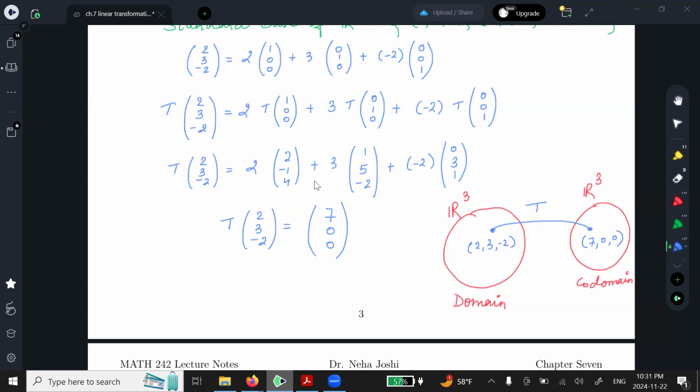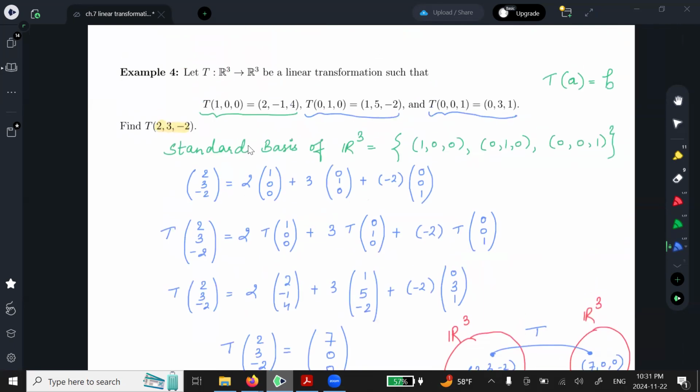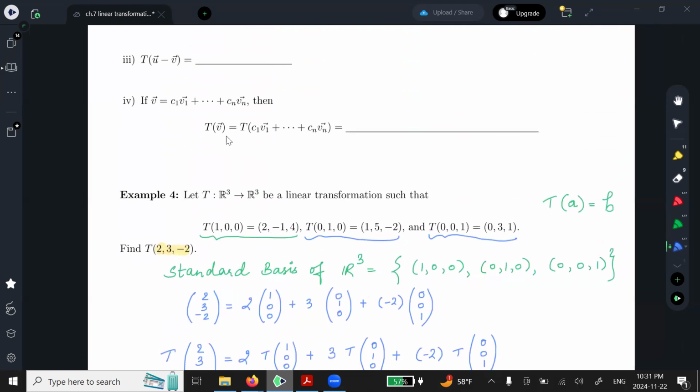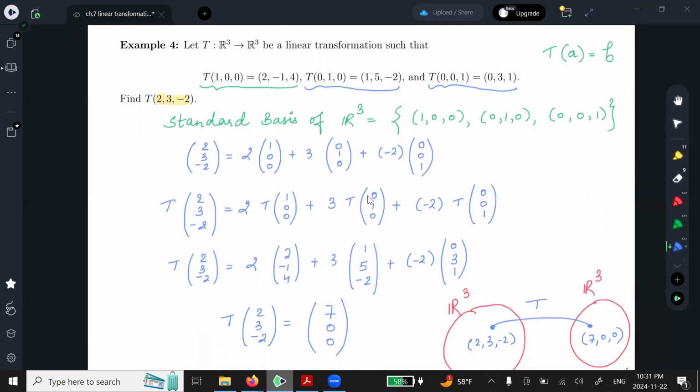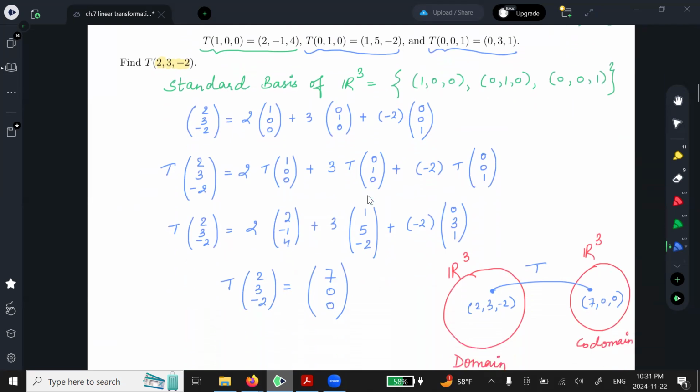And that's it. So this is the first example. We're using the property that the linear transformation distributes over scalar multiplication and addition. We applied that property in this little example here. We'll be solving more complicated problems later on.